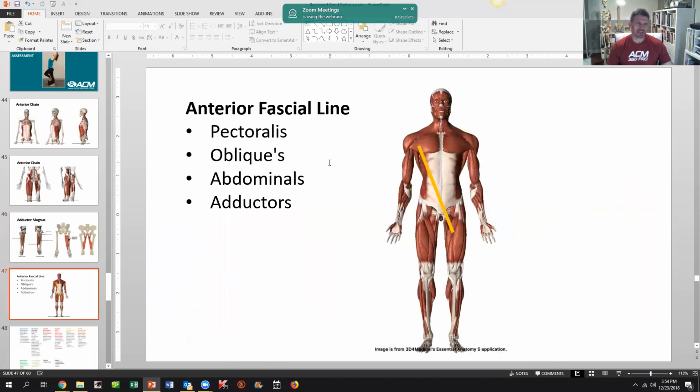There's an interesting thing if you look at fascial lines and even muscle activations. The pec, the obliques, and then the opposite side adductor are tied in together. And if you want to try a cool test, you see it a lot in throwers.